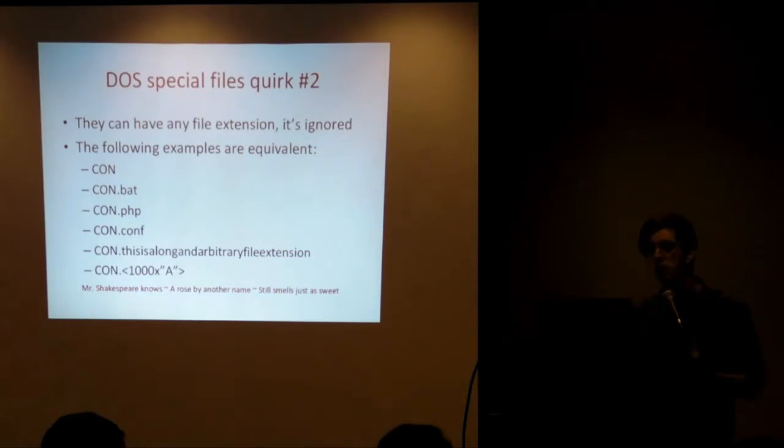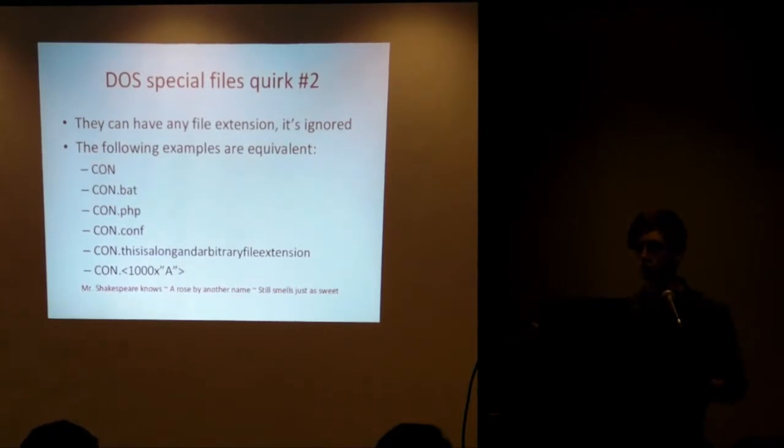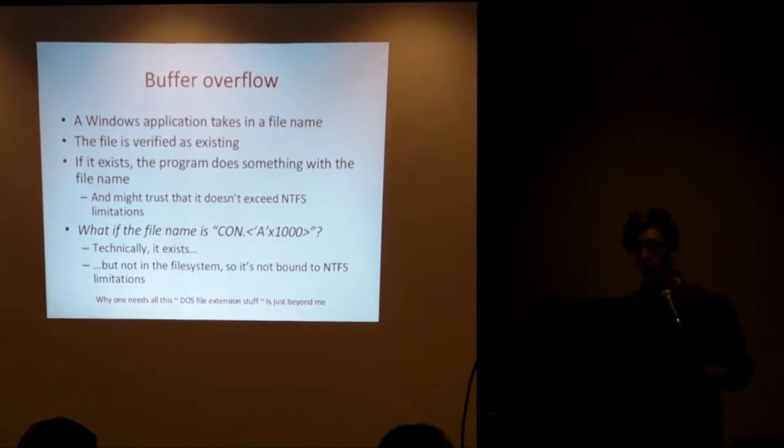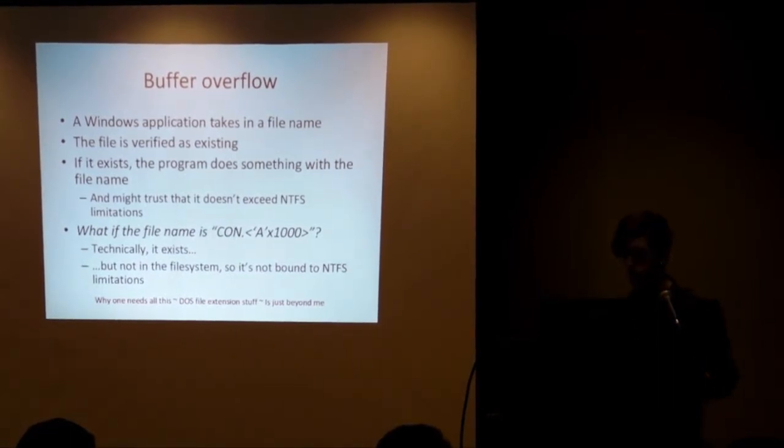Now, how many application developers out there do you think might check for a file and then go, all right, so this exists, so the file name can't be longer than 260 characters. So let me copy this into a 260 byte buffer. So then we have a buffer overflow.